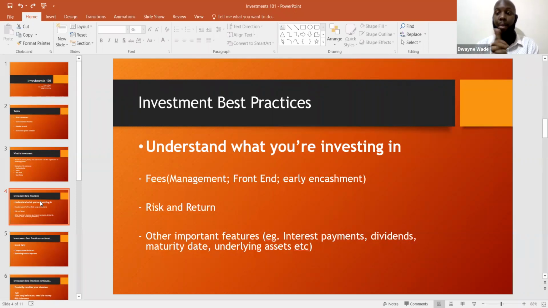Higher the risk of a product. If you are investing in a product and it is said that it's high risk, what that means is yes, the potential returns you can earn is high as well. However, the probability of you losing some of what you put in, some of the principal, is also higher. So we need to know that upfront. We need to understand that, right?